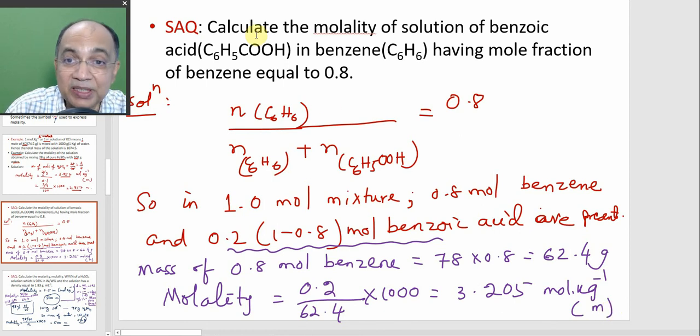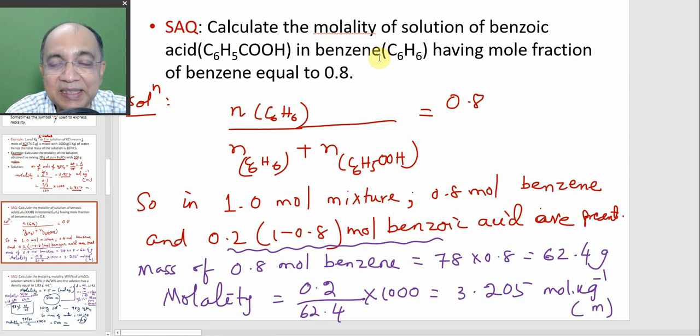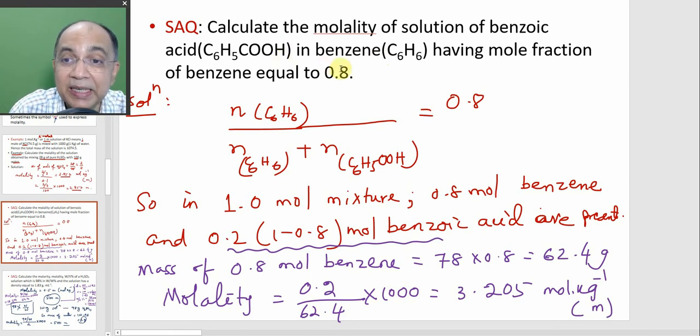This question says, calculate the molality of a solution of benzoic acid. Here I change the solvent. It's not an aqueous solution. Just for the sake of converting molality into mole fraction or mole fraction into molality. Calculate the molality of a solution of benzoic acid, that is the solute, in benzene, which is the solvent, having mole fraction of benzene equal to 0.8.